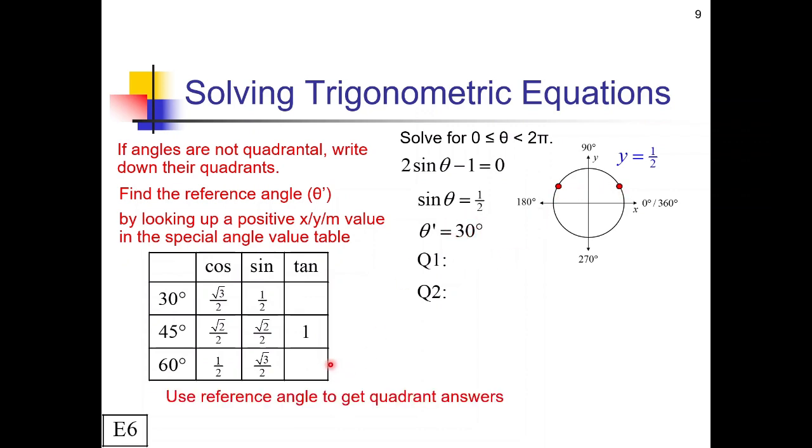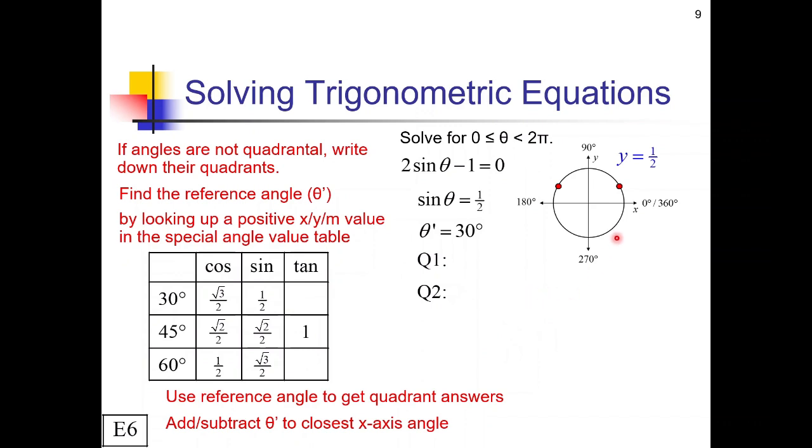So in general, we're going to use our reference angle to get these quadrant answers, which are actually our final answers once we express them in radians. And specifically, we're going to be adding or subtracting your reference angle to the closest x-axis angle. That'll get you to the angle that you need to get to. So with that in mind, pause the video and see if you can finish this one off and figure out our quadrant 1 answer and our quadrant 2 answer.